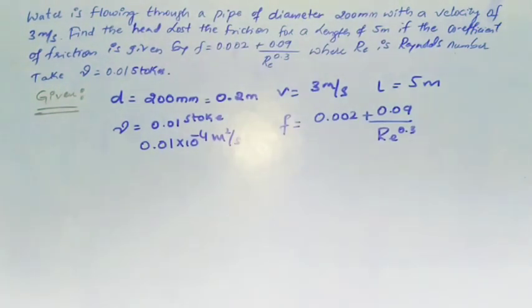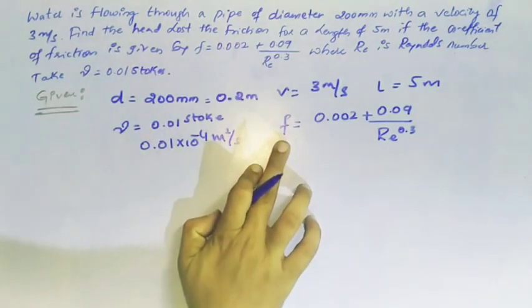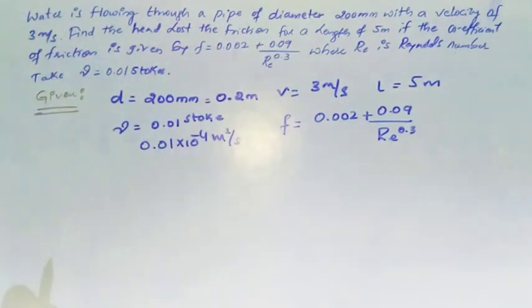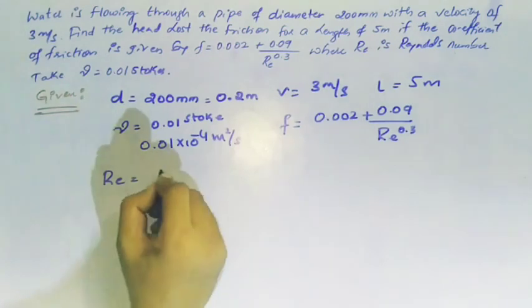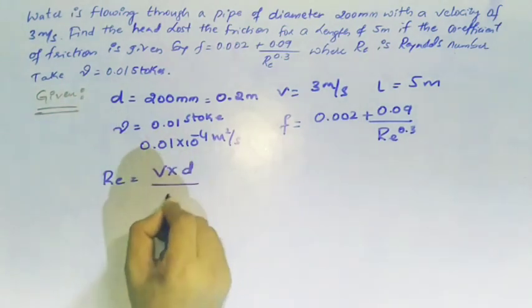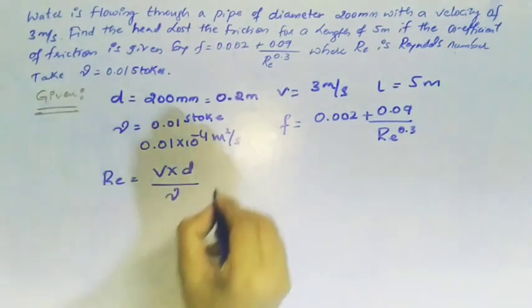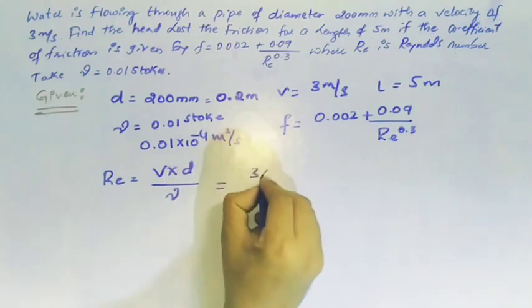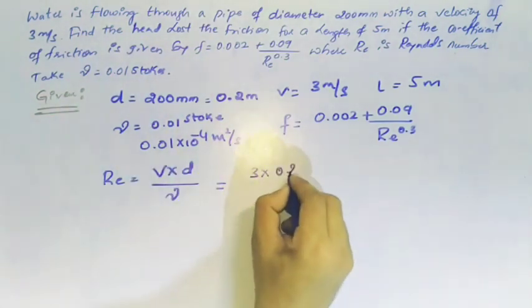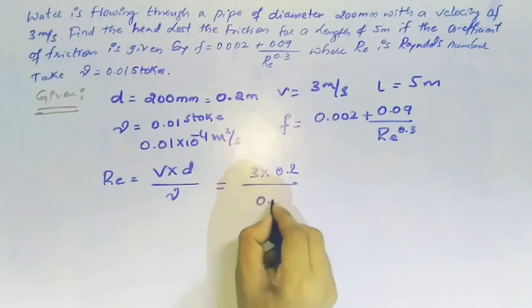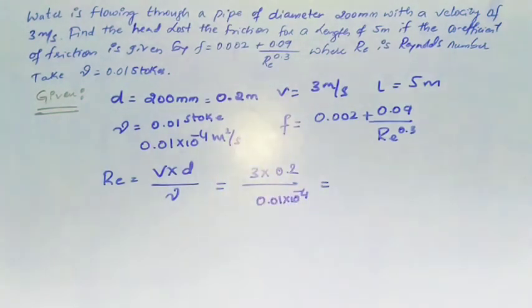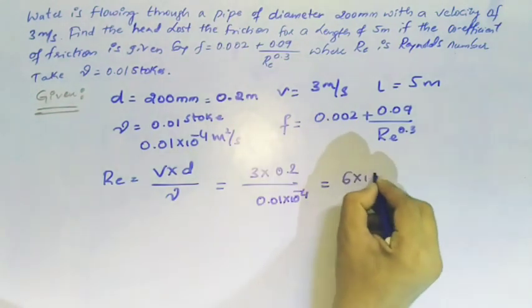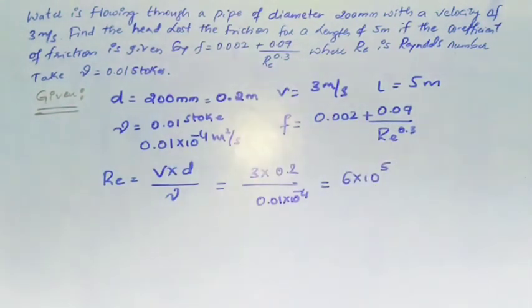Now to identify this coefficient of friction, I need to first identify the Reynolds number. Re will be equals to velocity into diameter divided by kinematic viscosity. Velocity is 3, diameter is 0.2, divided by kinematic viscosity 0.01 into 10 raised to minus 4. Then Re will be equals to 6 into 10 raised to 5.